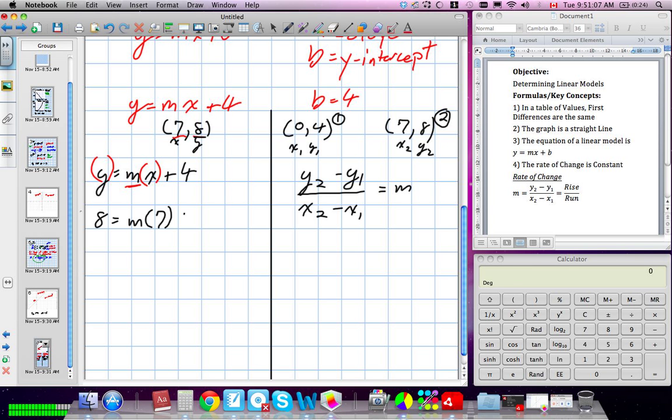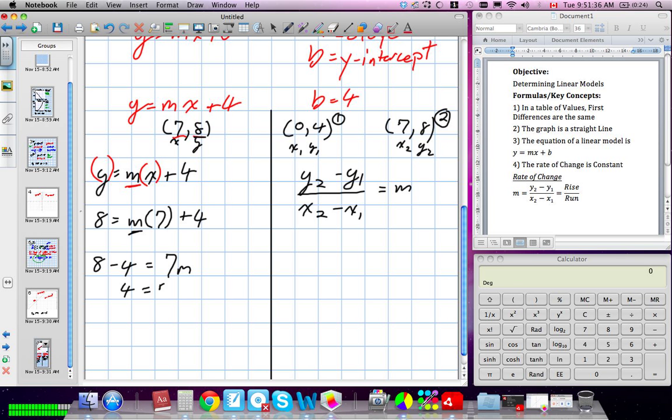Now we have to isolate m, so I want to move all the constants to the other side of the equation. So think of reverse BEDMAS. I'm going to be moving the positive, the plus 4 first. So I get 8, subtract 4, because the positive 4 becomes negative on the other side. And technically m times 7, anyone know what it is? 7m. Good. 8 subtract 4 is 4, is equal to 7m.